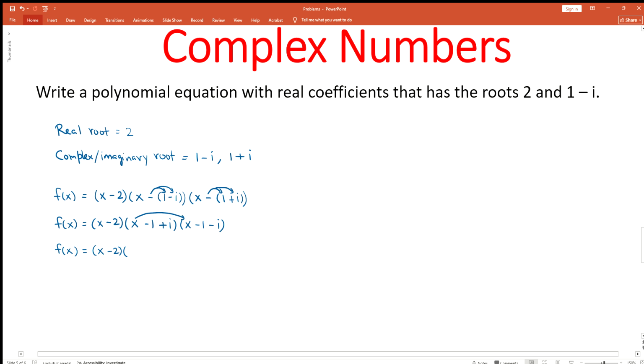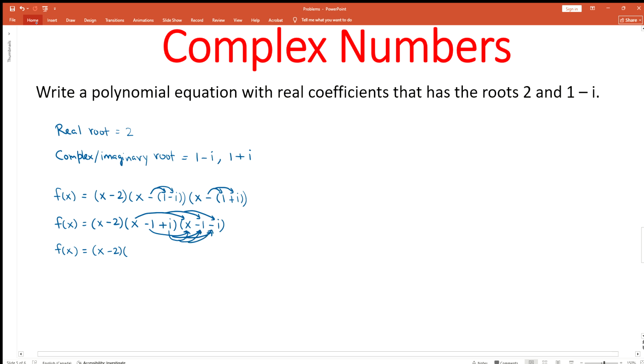We do x times x, then x times negative 1, then x times negative i, then negative 1 times x, negative 1 times negative 1, and negative 1 times negative i, and then i times x, and then i times negative 1, and then i times negative i.